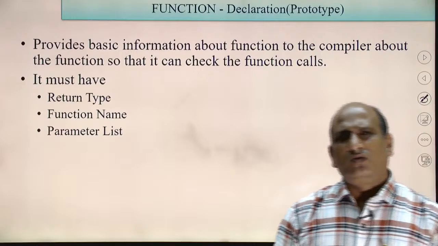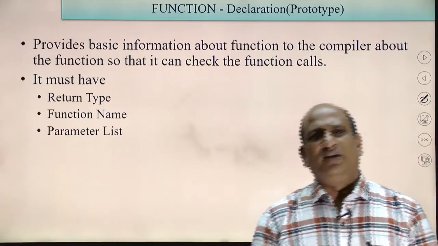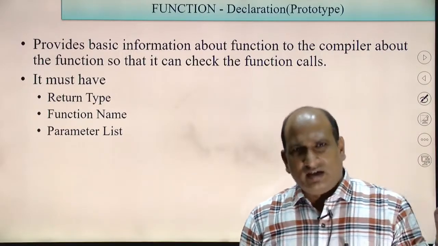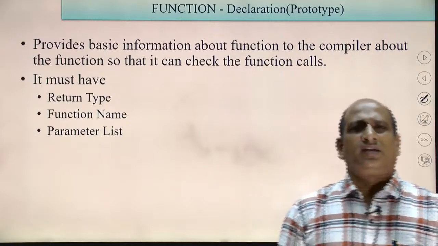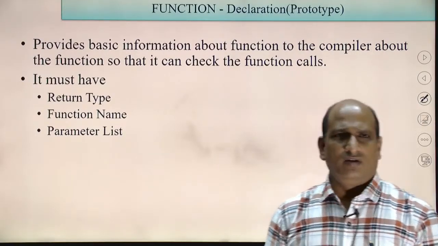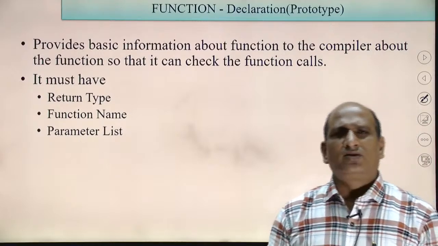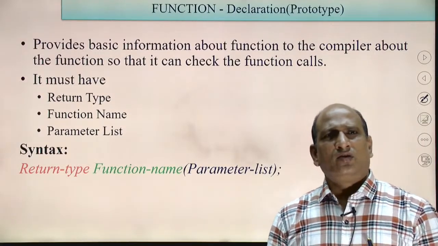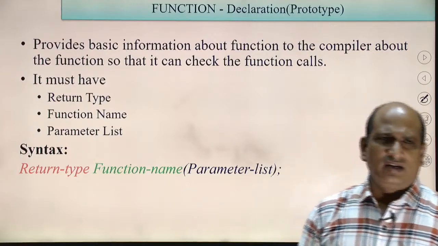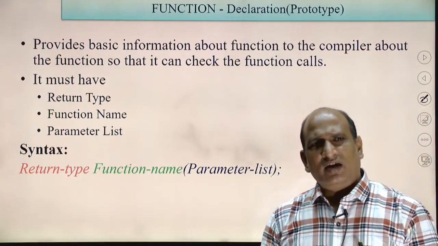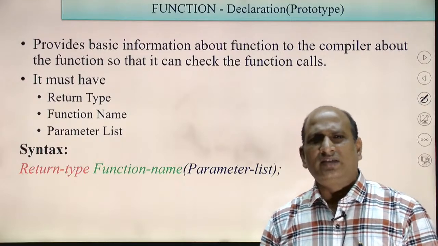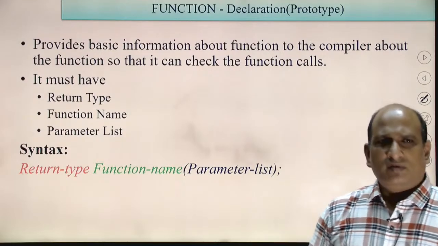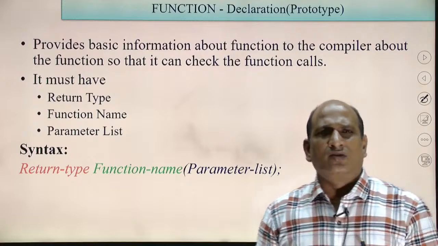We need not name the parameters. We just provide the list of parameter types, but we can pass the names also. We will see later on. Here is the syntax. To declare a function, we write the return type, then function name, and we provide the parameter list, then a semicolon. We have to specify these three things only.